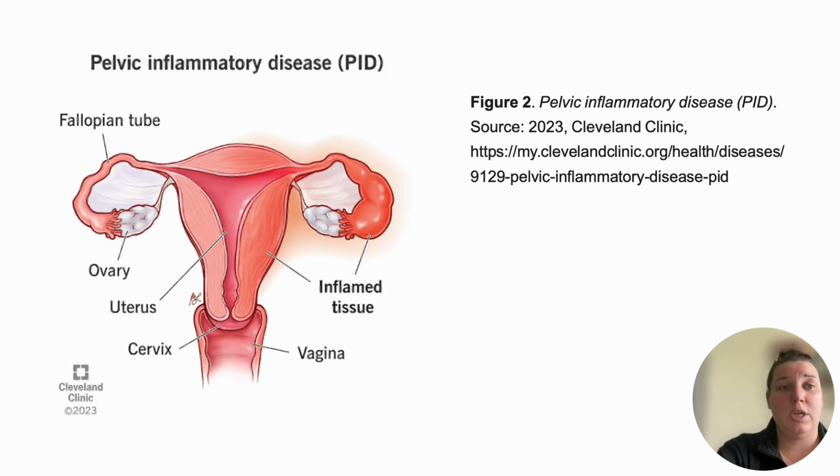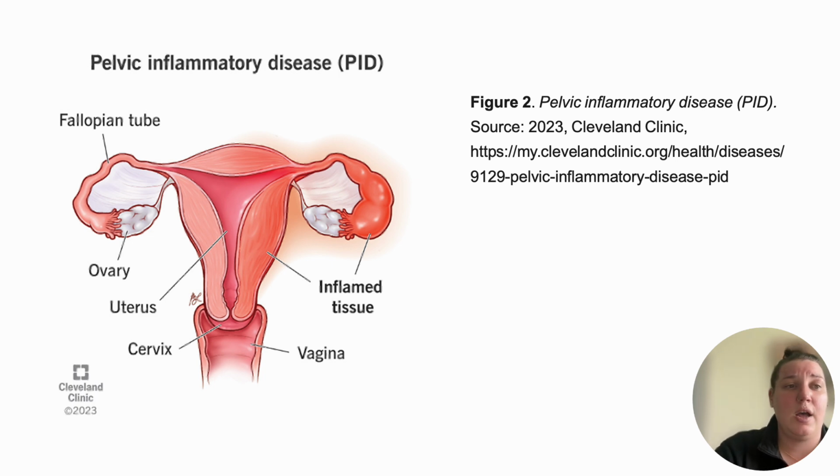Unfortunately, symptoms are typically absent or subtle for most people due to their asymptomatic nature. If left untreated for long periods of time, there can and will be severe consequences, especially if a woman is experiencing symptoms.